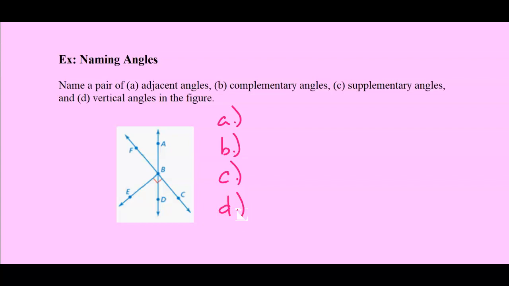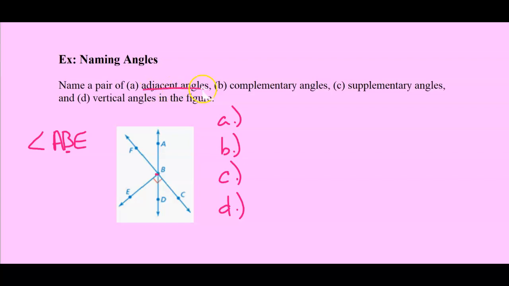In order to name an angle, we're going to use the angle symbol and then 3 letters, the middle letter being B, the middle of this diagram, or the vertex of these angles here.